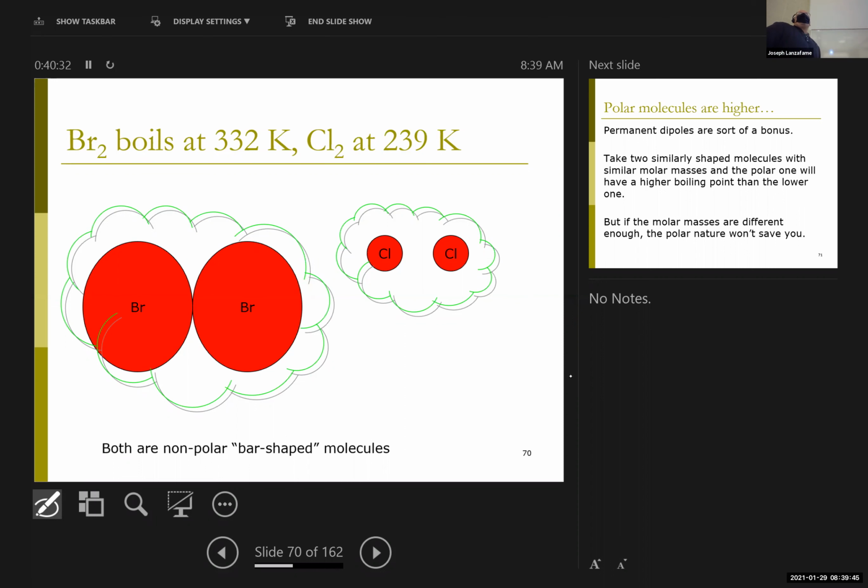But underlying my comparison of van der Waals forces is also the fact that these molecules are similarly shaped. And that's why it's very, very hard to really do this quantitatively, right? I can make hand-waving arguments about what should be more or less in boiling point, right?